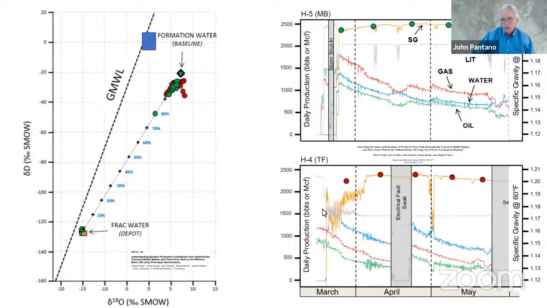And now what's really interesting is here's the Three Forks well. Notice the Three Forks well makes a lot more water than oil and a lot more water than gas, which is different than the Middle Bakken well. So when you look at that, you would say something's going on here that might be an indication of something to understand.